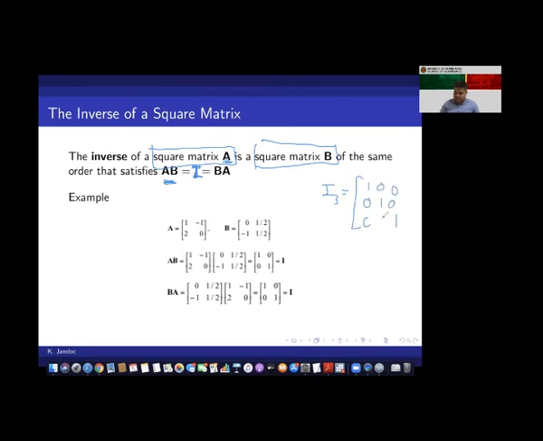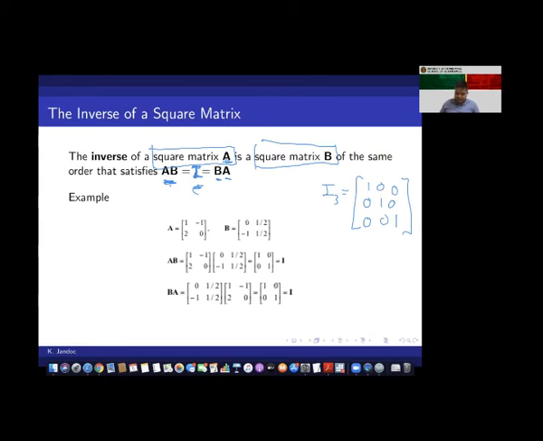So if you multiply A and B, and the resulting matrix is an identity matrix, then B is an inverse of A. And it's also the same the other way: if you multiply B by A and you get the identity matrix, A is also an inverse of B, and vice versa.